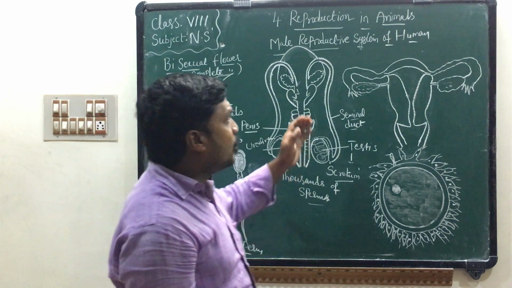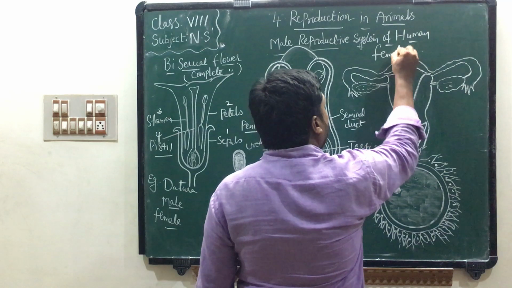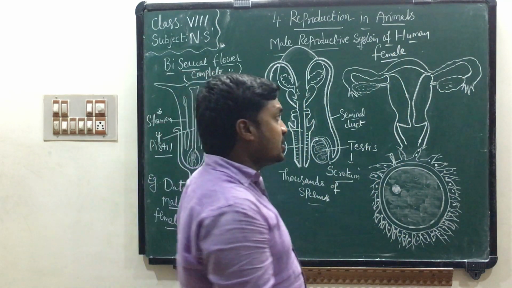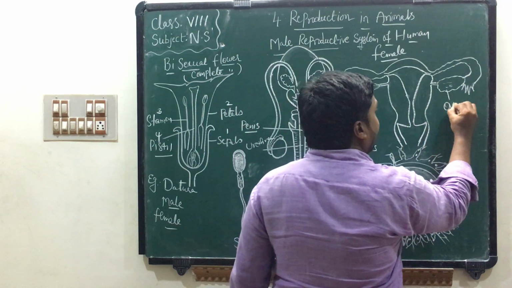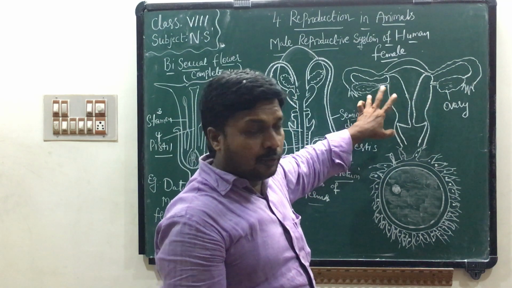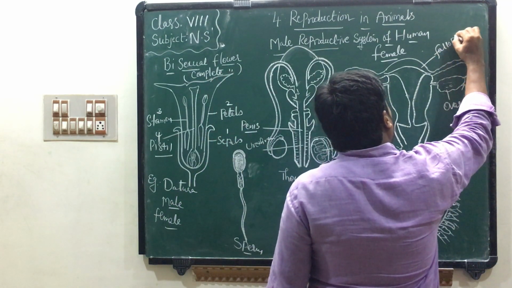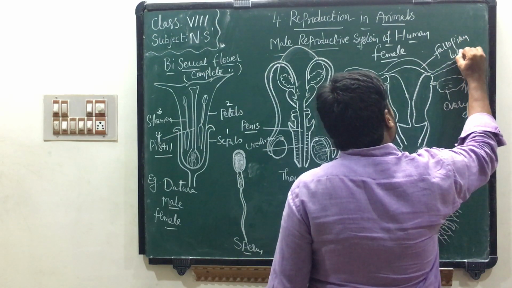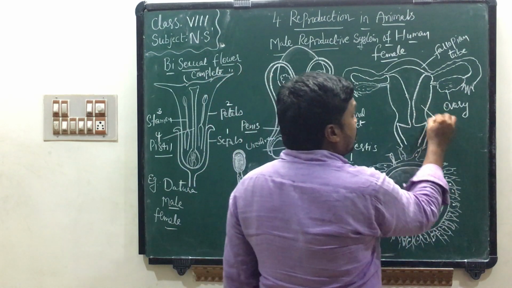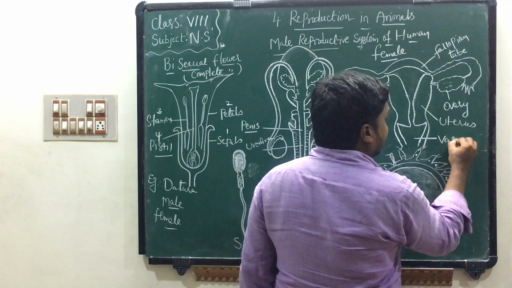Now, I will explain about the female reproductive system of human being. Female reproductive system consists of a pair of ovaries. See here, this is one ovary and this is one ovary, and this is called fallopian tube, and this is called uterus, and this is called vagina.